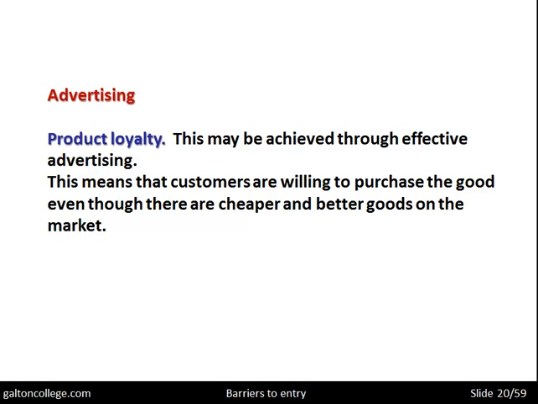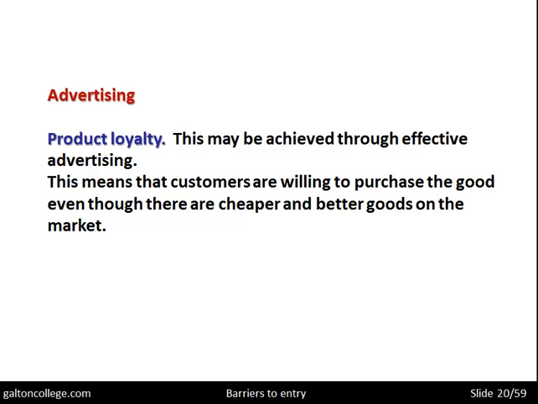Advertising is a very powerful way of putting up a barrier to entry. As I said earlier, with psychic differentiation, it builds up a product loyalty. It may be achieved through effective advertising. This means that customers are willing to purchase the good even though there are cheaper and better goods on the market.